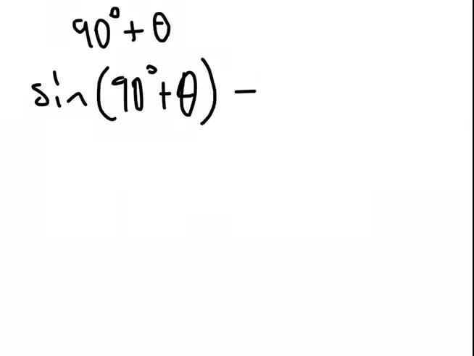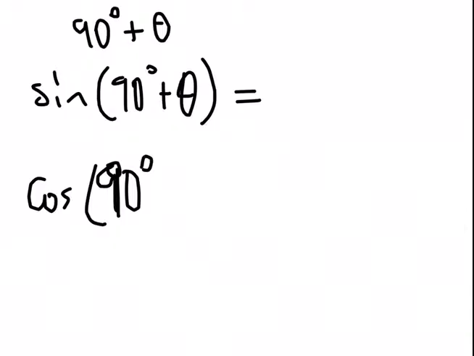We will find out what that is, and then we will look at cos of 90 degrees plus an angle, and try to find out how that looks.